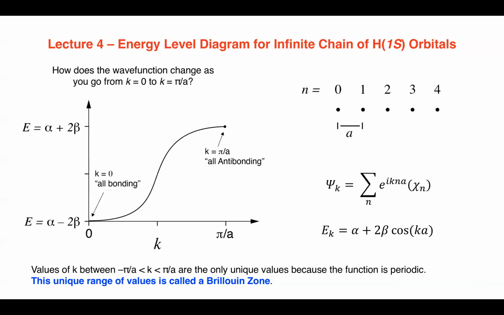Okay, and remember that the solution where k equals 0 is the all bonding combination. And in a ring, this all bonding combination has the energy alpha minus 2 beta. And the solution k equals pi over a is the all anti-bonding solution, and it has energy of alpha plus 2 beta.